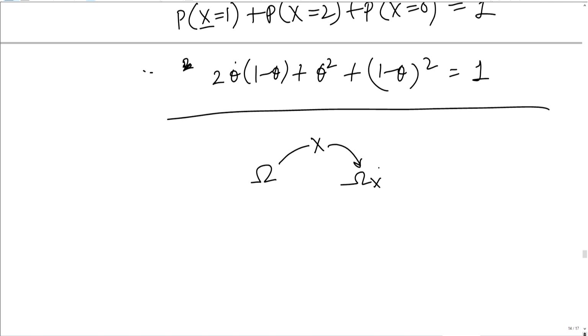Now you define a probability assigner function f of x theta on the values of this random variable, omega x. And what does this function give you? It gives you probabilities for your events in the event space. That is how this whole workflow works.